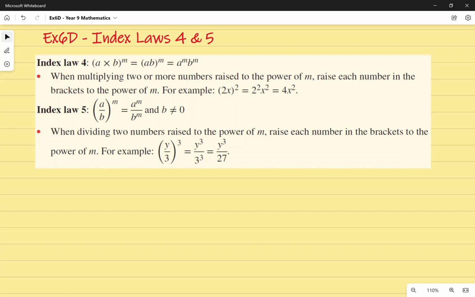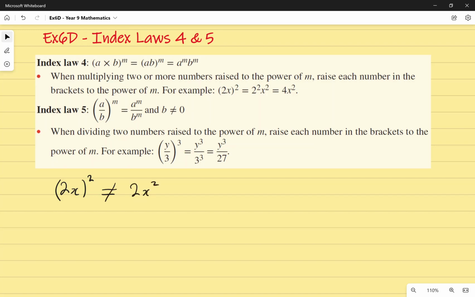Looking at index law 4, let's take the example of 2x in brackets squared. We know this is 2 times x, and it's very important to note that this is not equal to 2x squared.